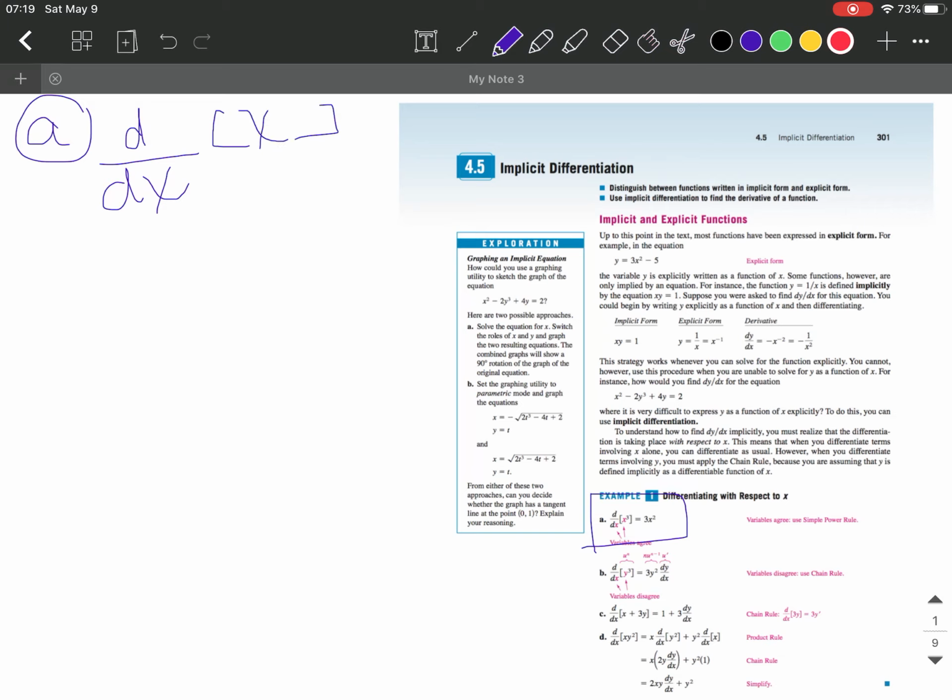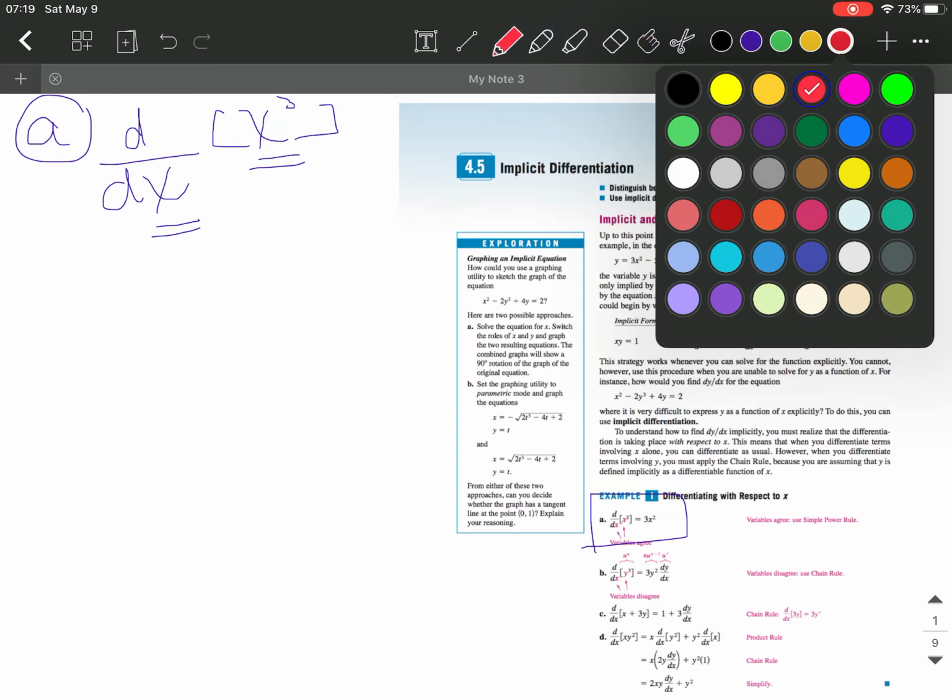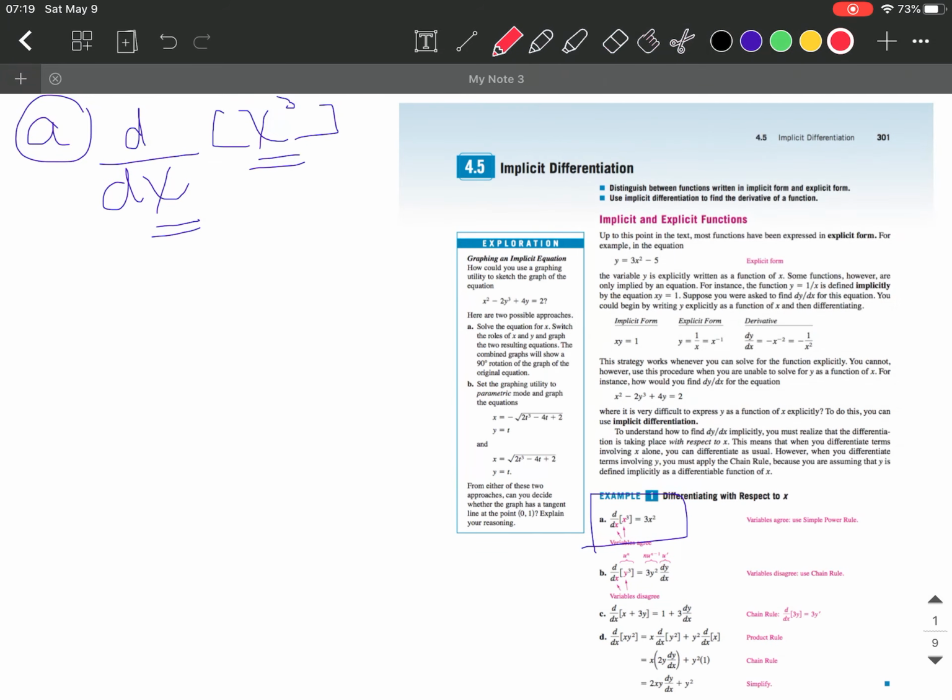And in this case, it's really easy because you notice that the variable you're deriving matches with the variable being given to you. So all you have to do is derive. That's just 3x squared. Bring down the exponent and subtract 1. And that would be it for A.